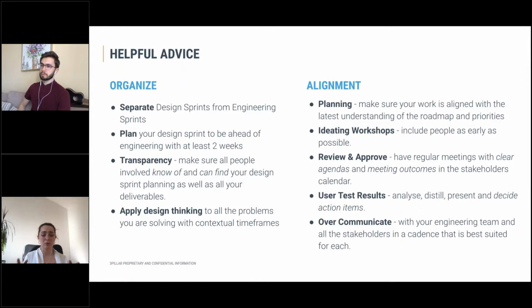I personally saw that it works best, but it's very important that we plan ahead. We have the design sprint 2 weeks ahead of engineering. Equally important is to have transparency. Make sure all of the people involved know and can find your design sprint planning, as well as all of your other deliverables.